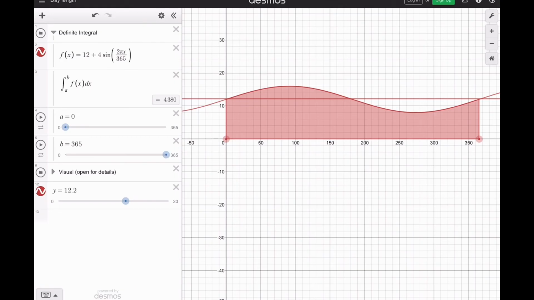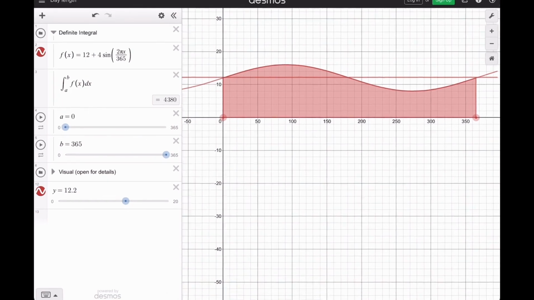The area of the rectangle that I now am forming with this horizontal line over the region from 0 to 365 is equal to the red shaded area that corresponds to the area under the graph of my daylight function. And that means that that is exactly the average.